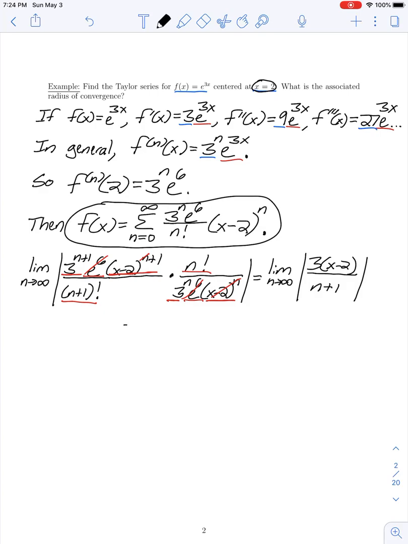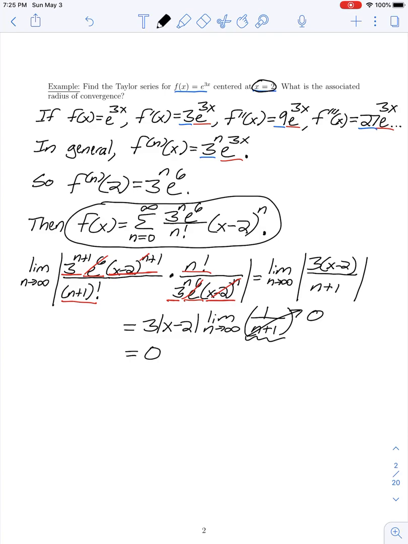So here, simplifying a little, we can pull the absolute value of 3 times x minus 2 out in front of our limit, since it doesn't depend on n, and we're left with the limit as n approaches infinity of 1 over n plus 1. And we know that as n approaches infinity, this limiting value of 1 over n plus 1 is 0.